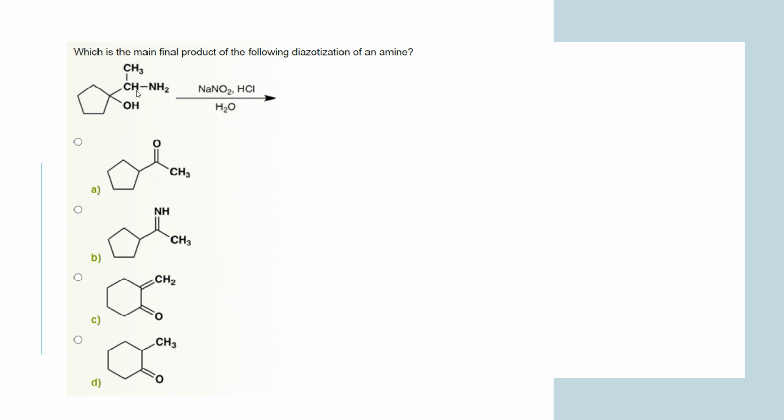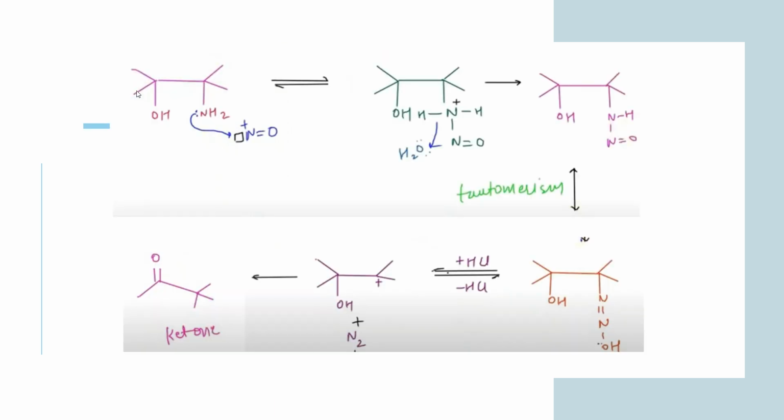Let us look at the mechanism of how this rearrangement is going to take place. So suppose we have this exemplary substrate which contains an amine and also a beta hydroxy group in the substrate.